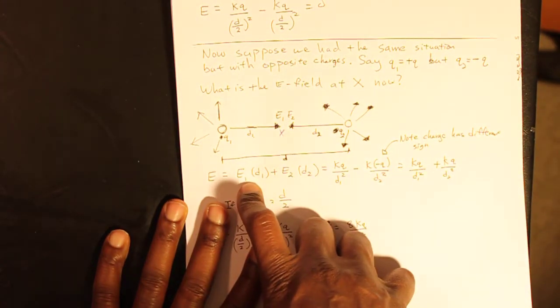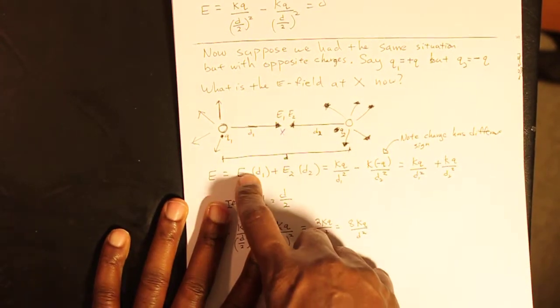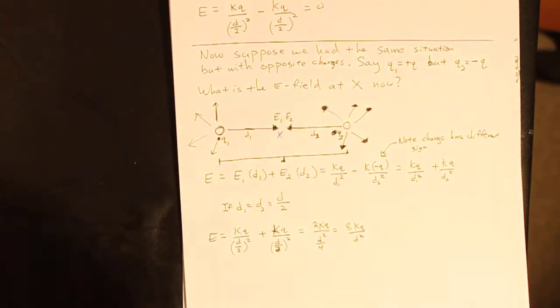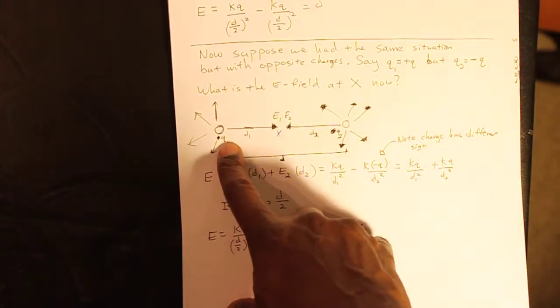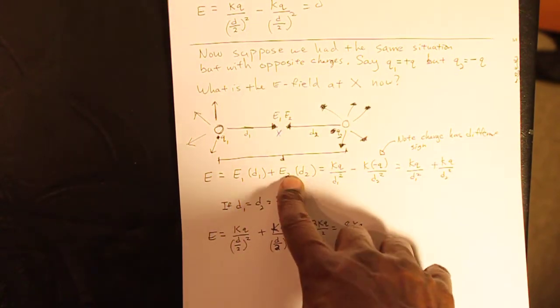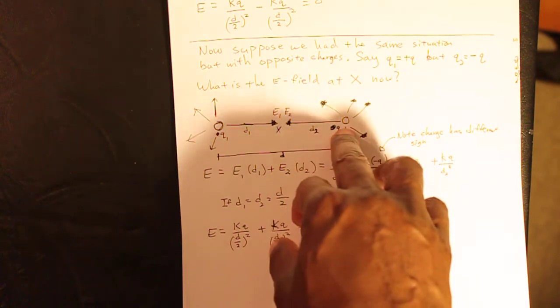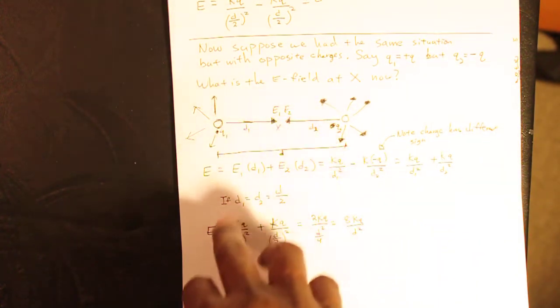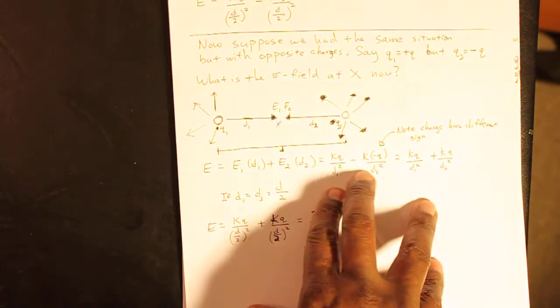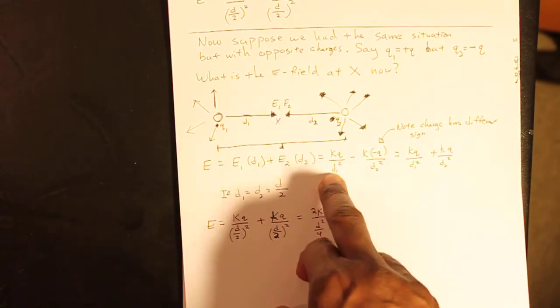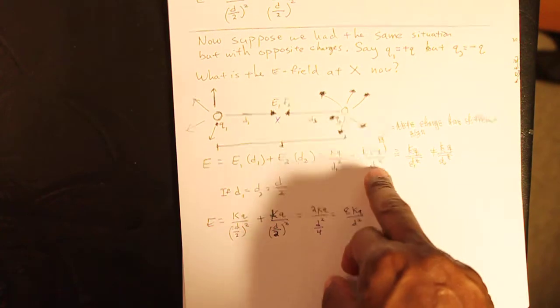What is the E1 at point X? Well, it's E1 at D1. It's the electric field at a distance D1 from the charge Q1. E2 of D2 is the electric field at a distance D2 from Q2. This is E1 here, and this is E2.